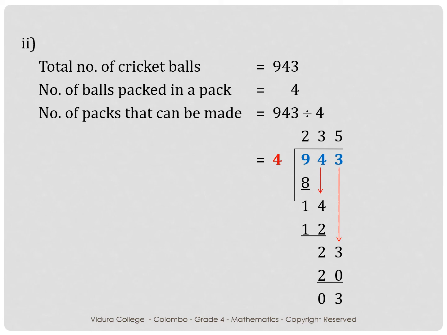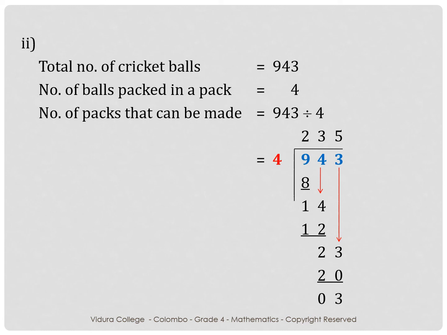Answer for the second question. First statement should be total number of cricket balls equals 943. Second statement should be number of balls packed in a pack equals 4. Third statement should be number of packs that can be made.